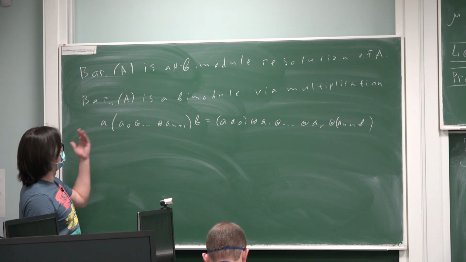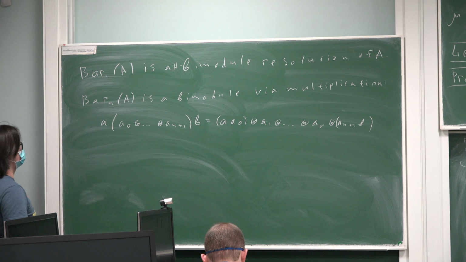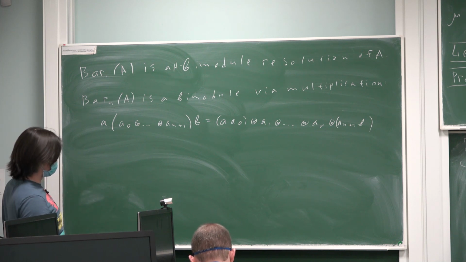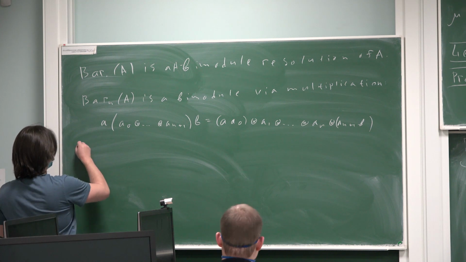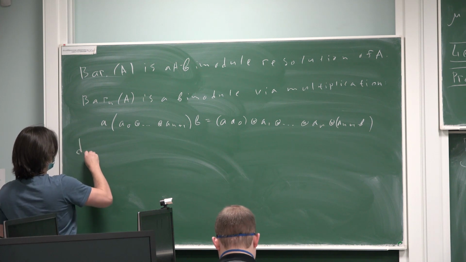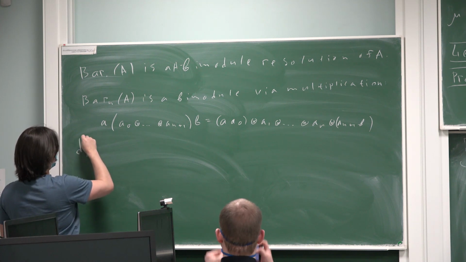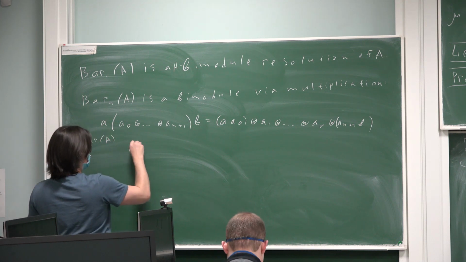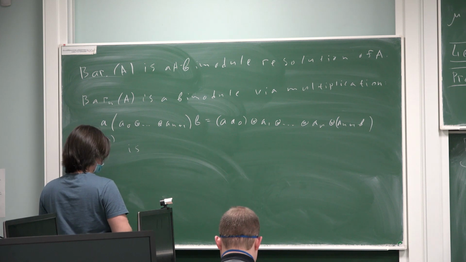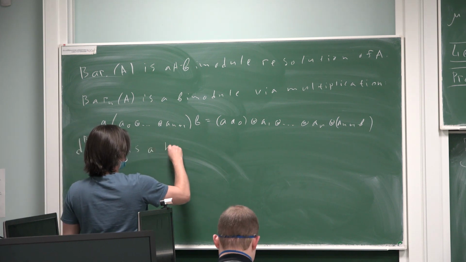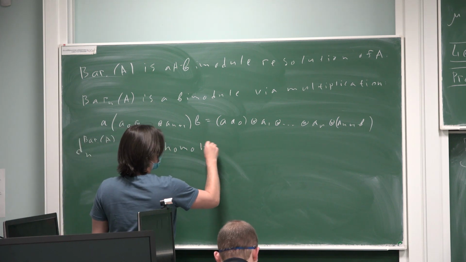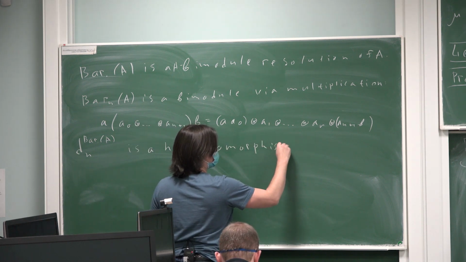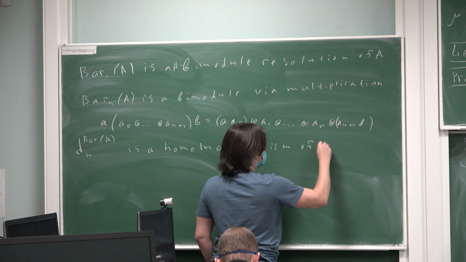It's easy to check that it's a bimodule structure, and it's easy to check that d_n of bar of A is a homomorphism of A bimodules.